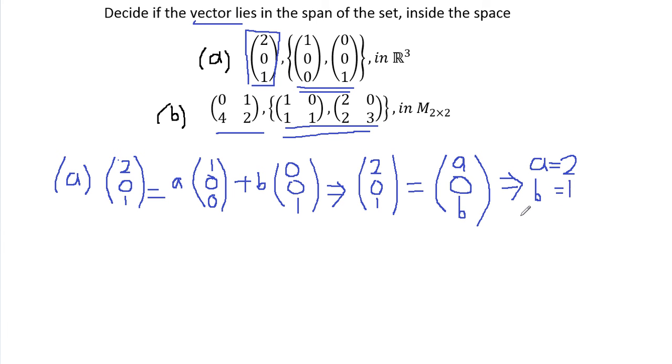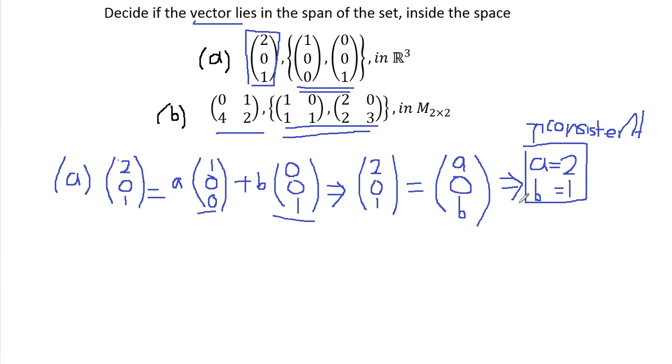Therefore, since there's a consistent value of A and B, we can say that this vector can be written as a linear combination of these two span vectors.